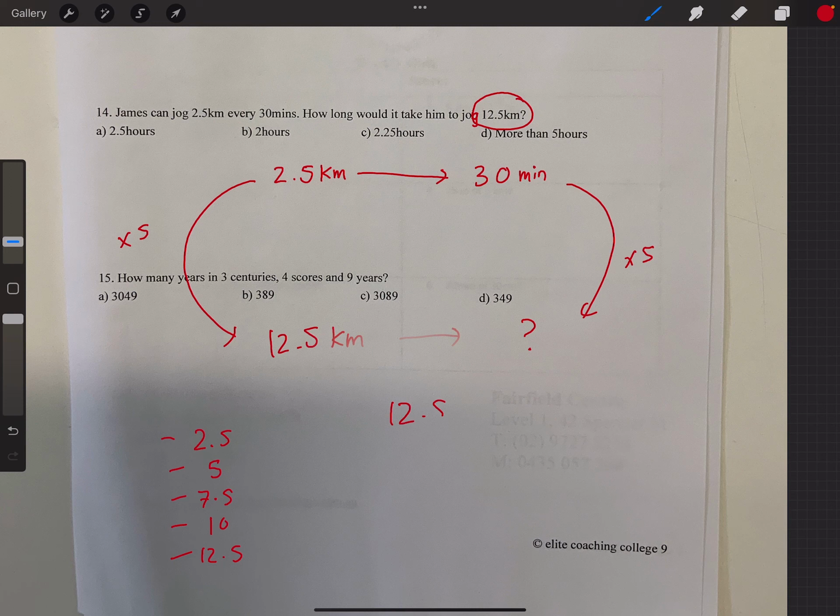Just do 12.5 divided by 2.5. There's a method to divide decimals like this, or you could put it into a fraction, 12.5 over 2.5. We have decimals in our fractions, which we don't like. So we're going to multiply top and bottom by 10 just to make it into whole numbers. We're going to get 125 over 25.